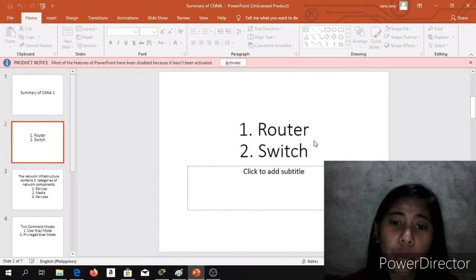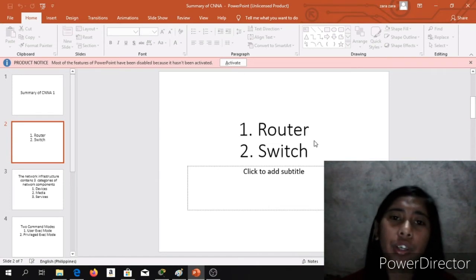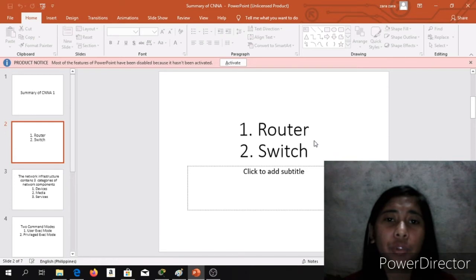And the switch connects things like computers, servers, printers, and so on. Also, a switch is a telecommunication device, a group of computer network components.